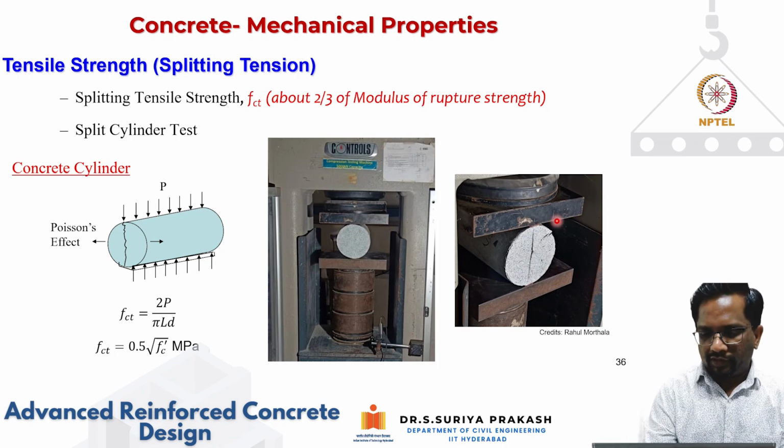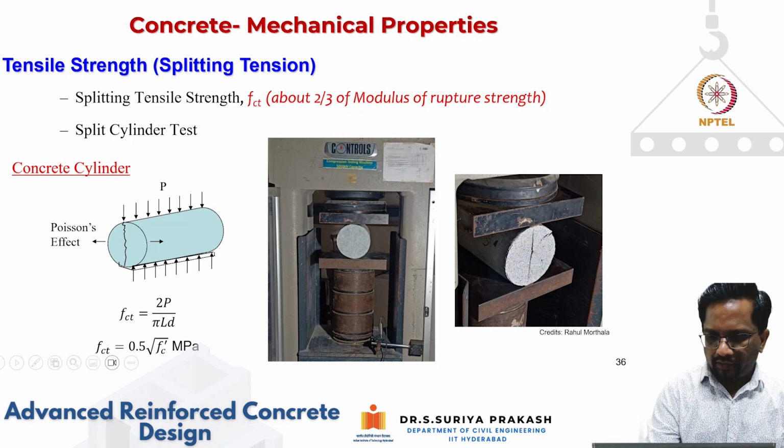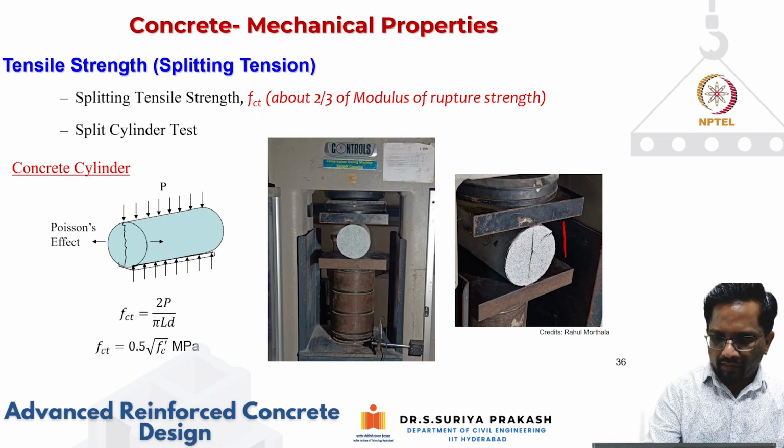So my stress distribution here, if I look at it, if I plot it here, so here it is going to be compression for a very small region, then it is going to convert into tension, and then it is going to go like this.